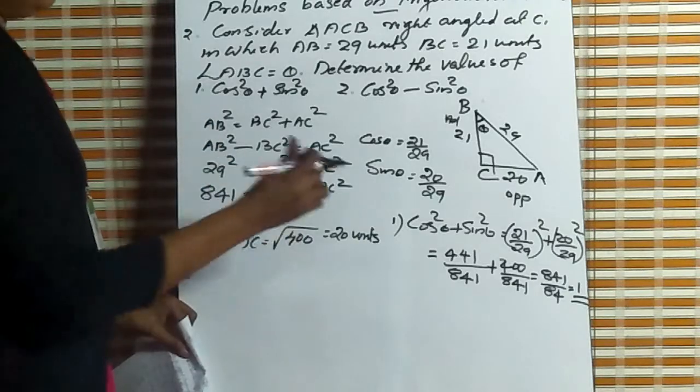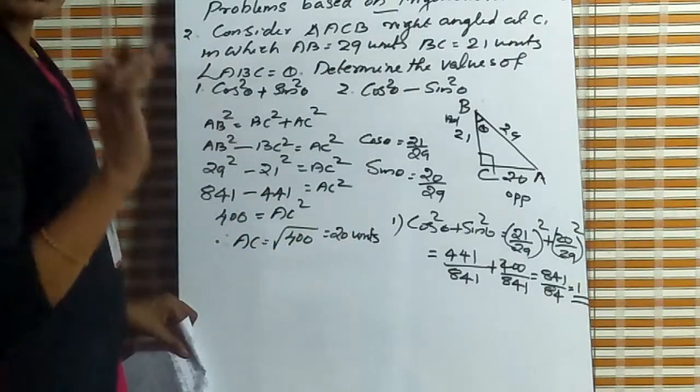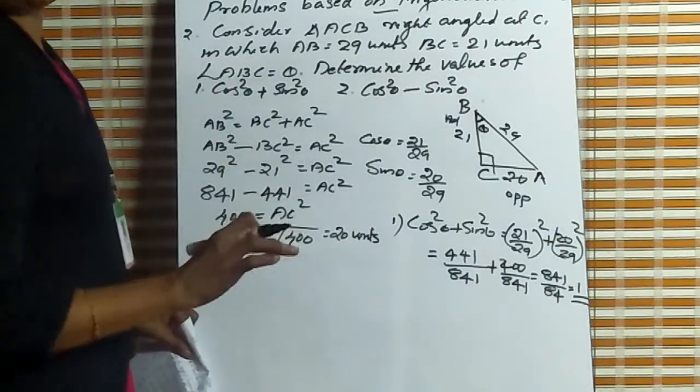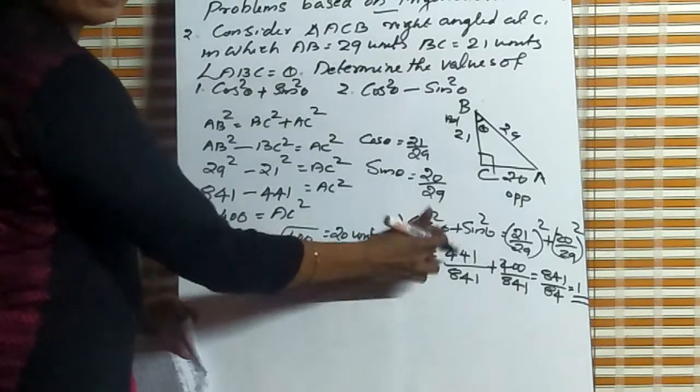We know the relation cos square A plus sin square A is equal to 1. Here in place of A, we have theta.